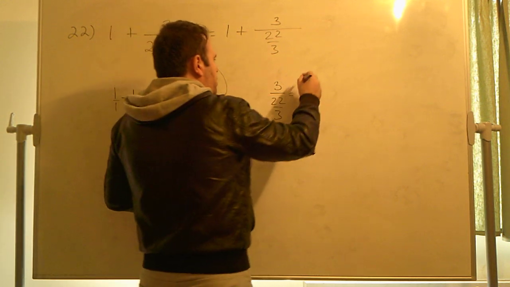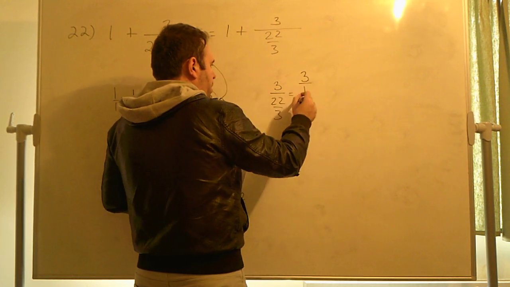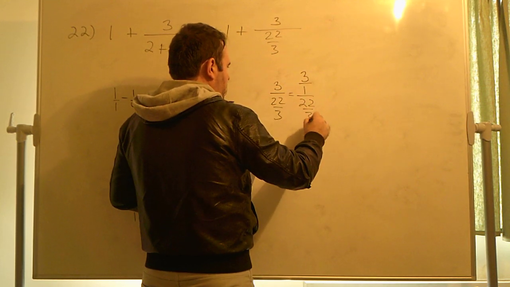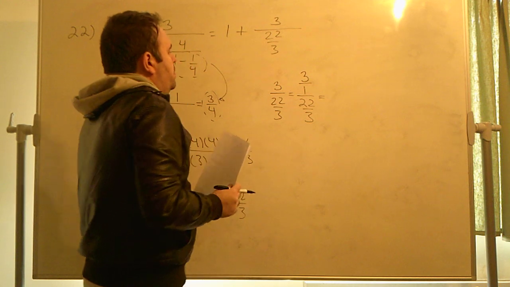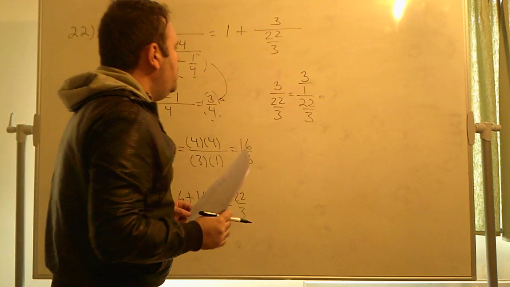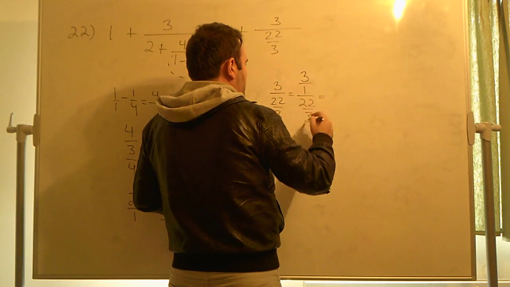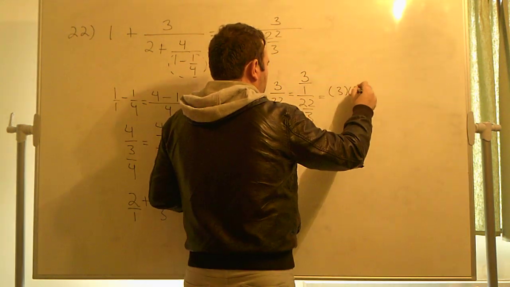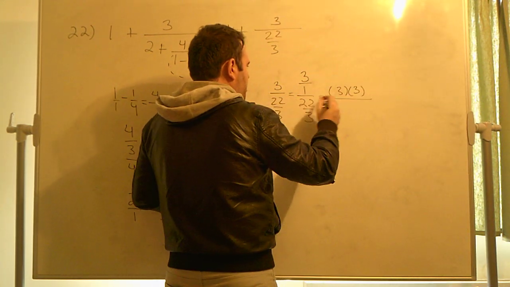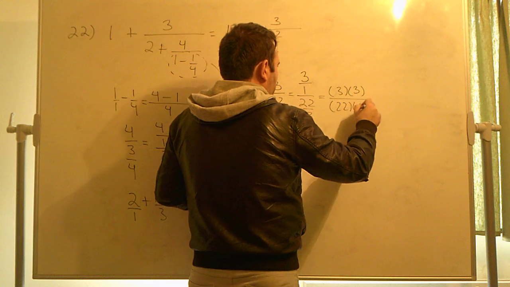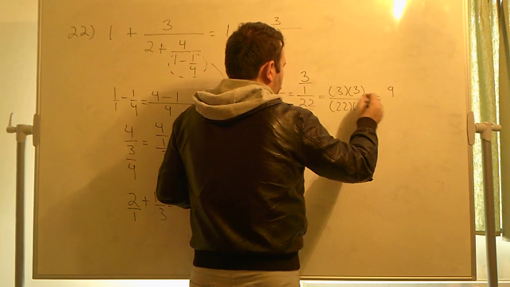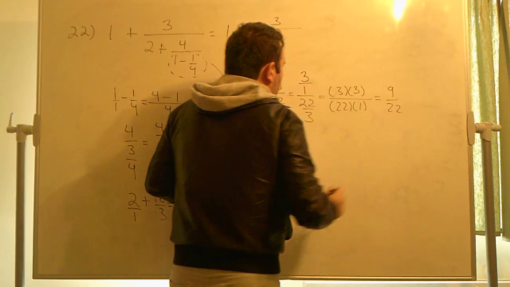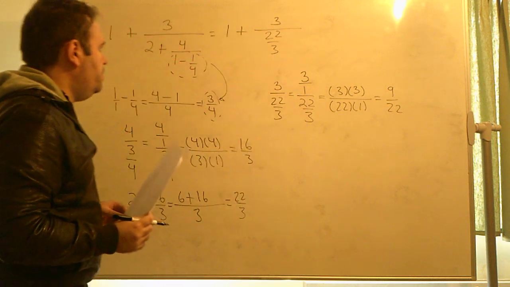So we're going to imagine 3 divided by 1, and then we have 22/3. Okay, and then we would have 3 times 3 here in the numerator and 22 times 1. This would be 3 times 3 is 9.